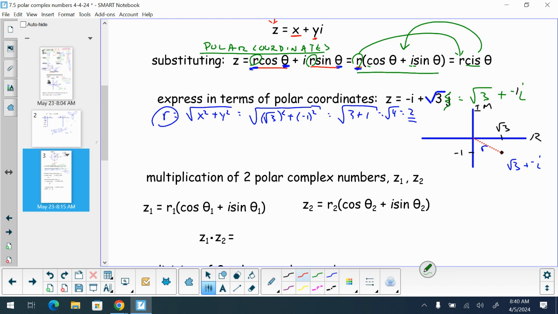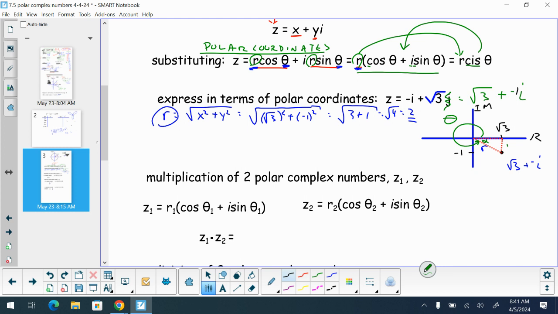The next thing we need to find is what theta is. So we need to find this amount of rotation here of theta. Well, if I complete my triangle here, we can find an alpha value by knowing I'm going out square root of 3 and I'm going down 1.